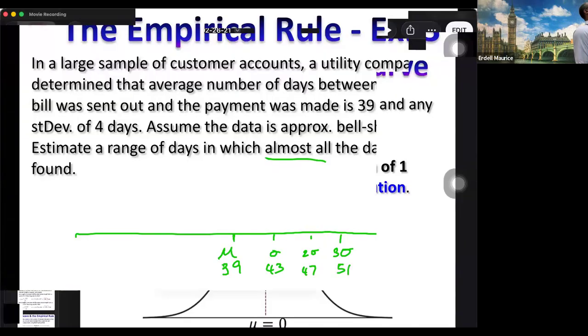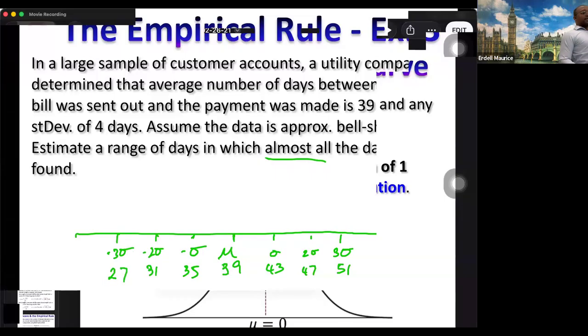Is that okay? I'm just adding the standard deviation each time. Going the other way, one standard deviation below is going to be 35. Going down 2 standard deviations, 31, and then going down 3 standard deviations is going to be 27.